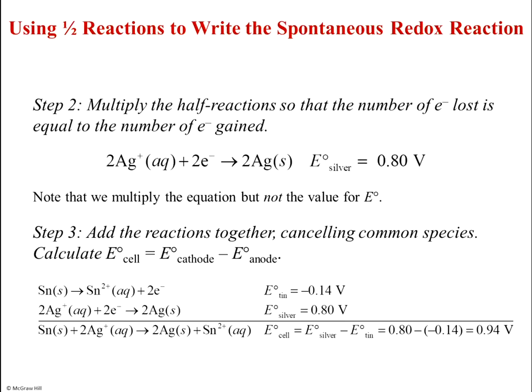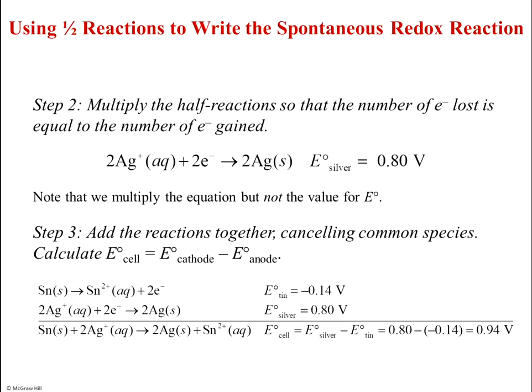So we need 2 electrons for our silver process to counterbalance the 2 electrons from the tin process. Note that we don't multiply E0 times 2, and there's a reason for this. E0 is a measure of potential, not potential energy. If it was delta G, we would multiply it by the coefficient. We'll explain this just a little bit later with an equation that will clarify things.